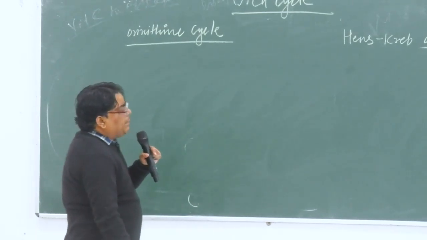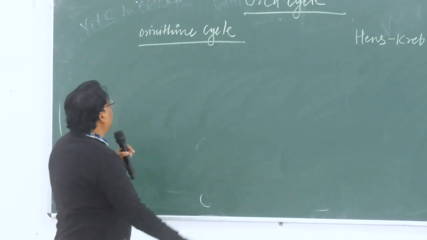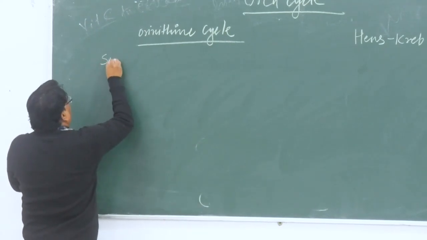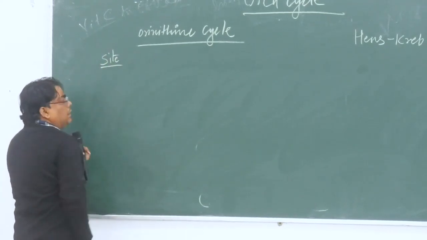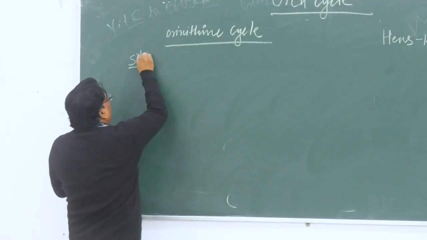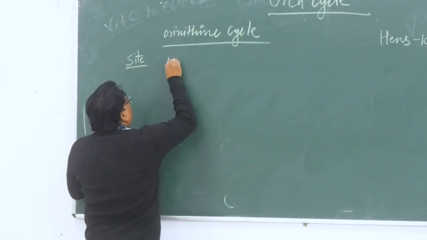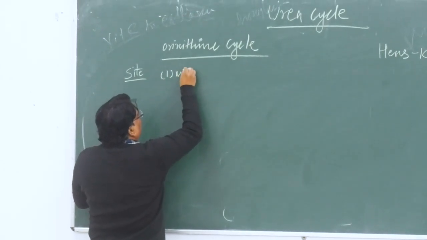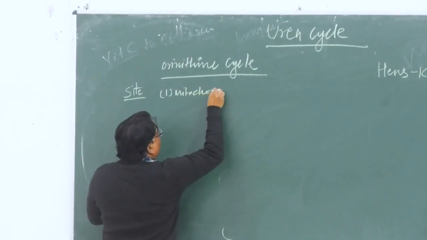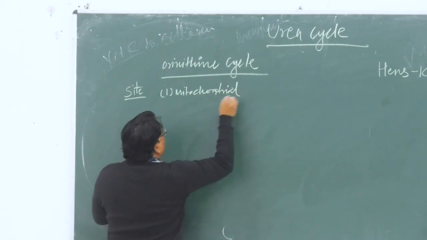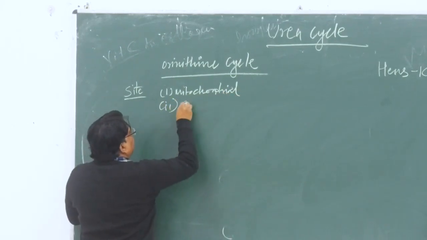Okay. So the first thing that comes here: what is the site of the urea cycle? It is partially mitochondrial and partially cytosolic.